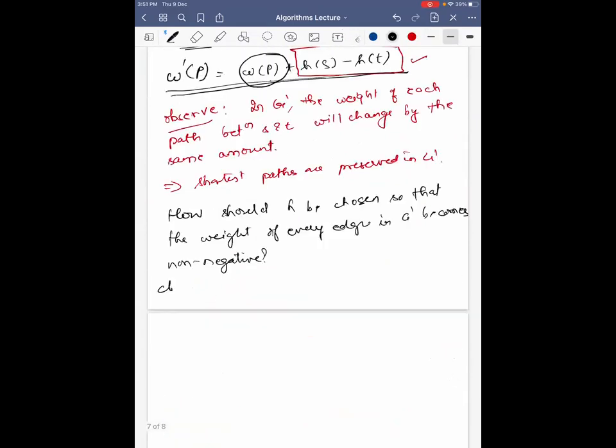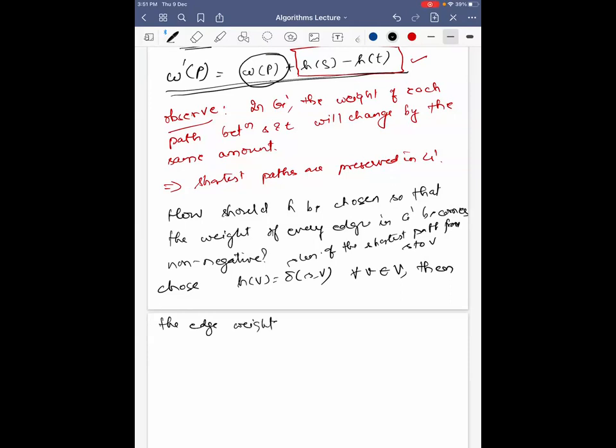So if you choose h of v to be delta SV, the length of the shortest path from S to V, for all V, then the edge weights in G dash would be non-negative. Yes or no?